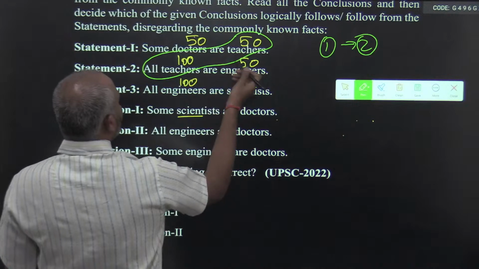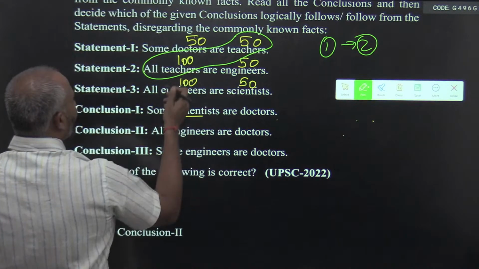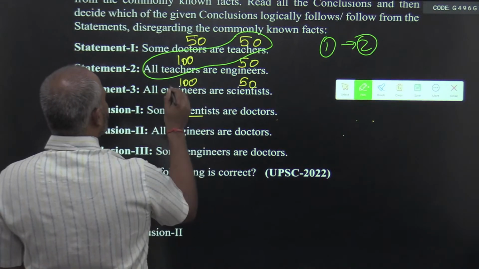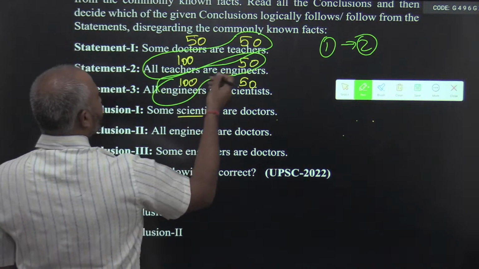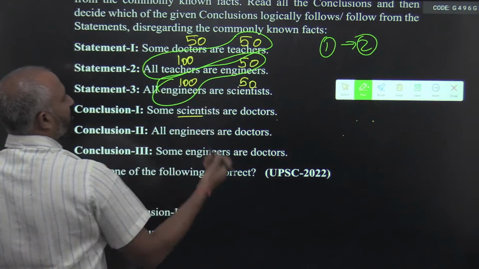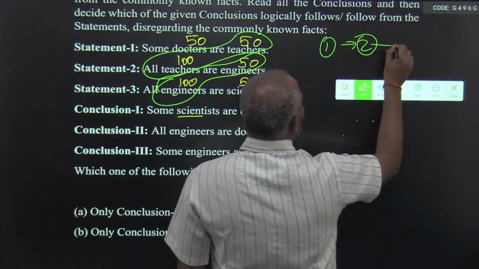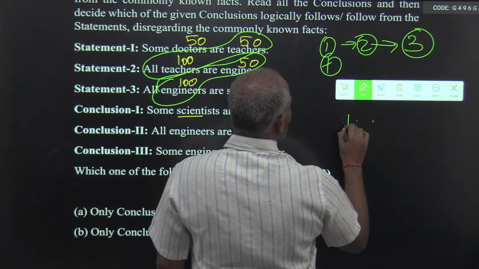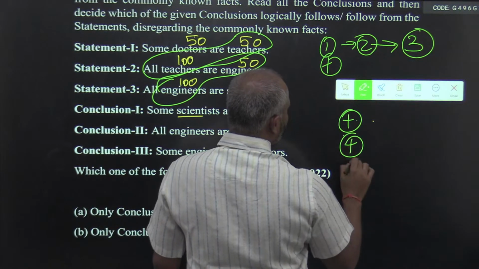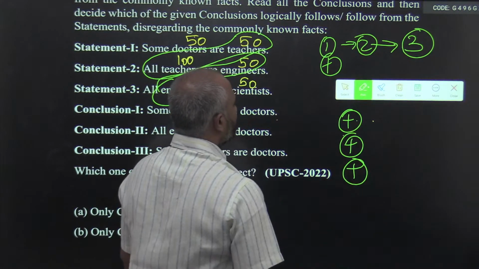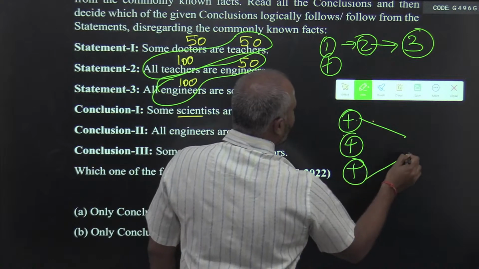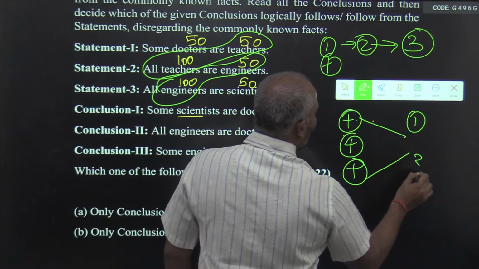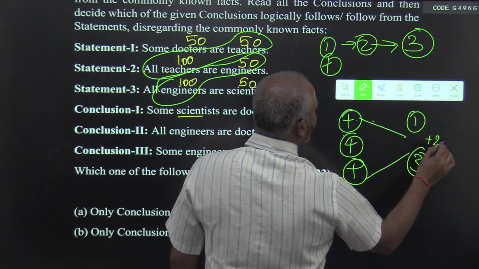Next, can 2 be connected with 3? 2 and 3 have a common element of engineers. So engineers has at least achieved a value of 100. So 2 can also be connected with 3. This is a positive, this is a positive, this is a positive, this is a positive. So your 1 and 3 are being connected through 2.